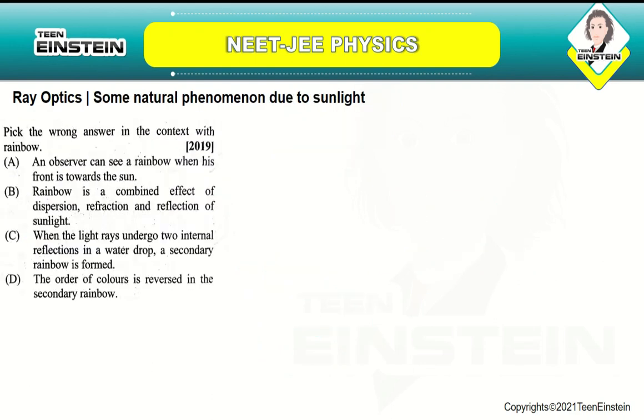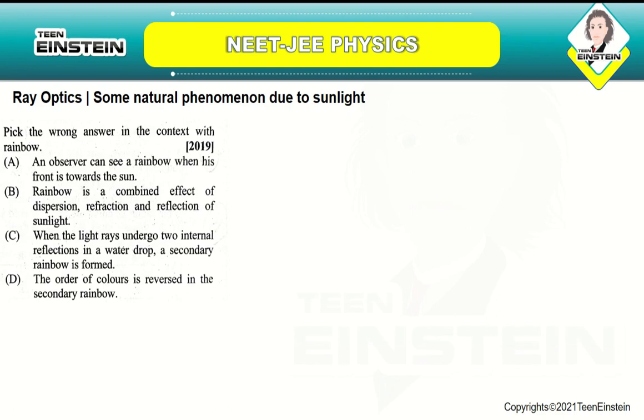Pick the wrong answer in context with rainbow. An observer can see a rainbow when it is front towards the sun, and a rainbow is combined effect of dispersion, refraction, reflection of sunlight, and when the light ray undergoes two internal reflections in a water drop, a secondary rainbow is formed.